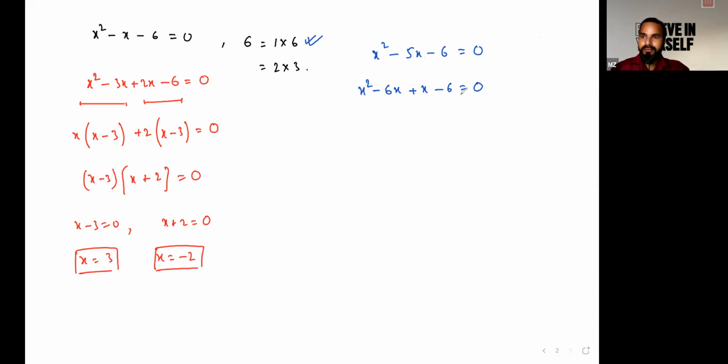So they are in pair form. So it will be correct. So I'll take out common from both parts. Is it clear, Mohammed Umar?